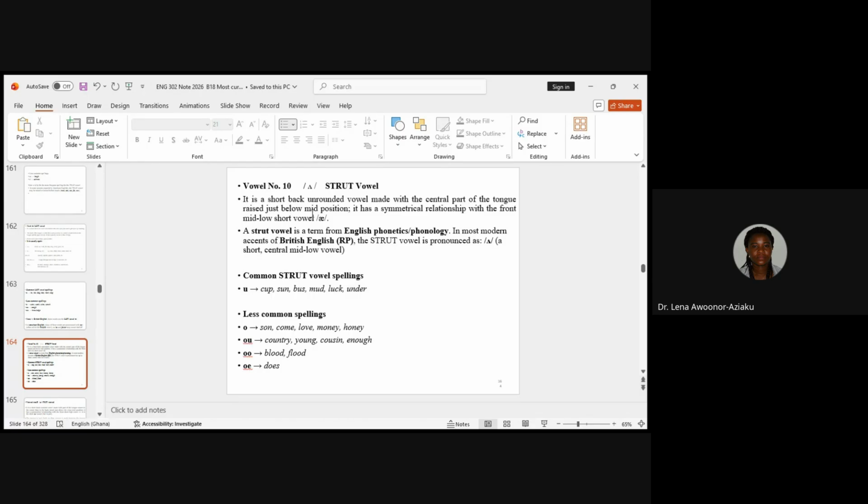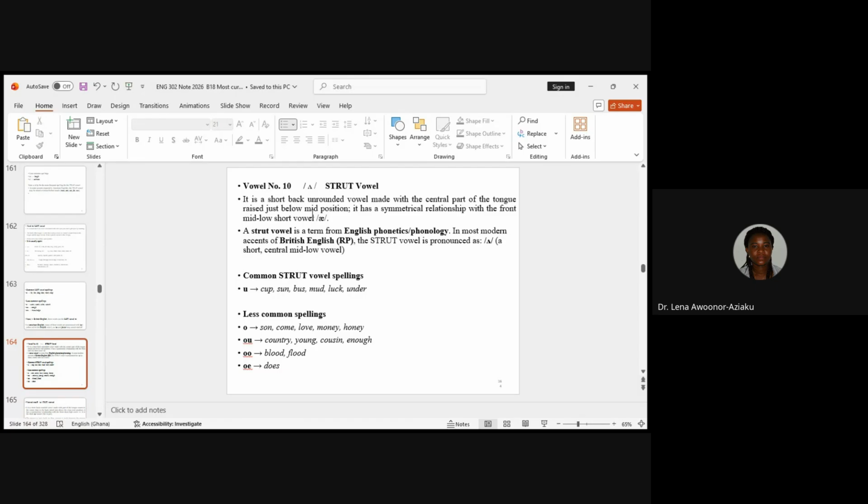So that's why we have words like mother. It used to be pronounced with the put vowel. Then bus, boss, love. But at a point in time, there was a split. Certain words that were pronounced with the put vowel began to be pronounced with the strut vowel. So we call it the put-strut split. Some even merge, some split.